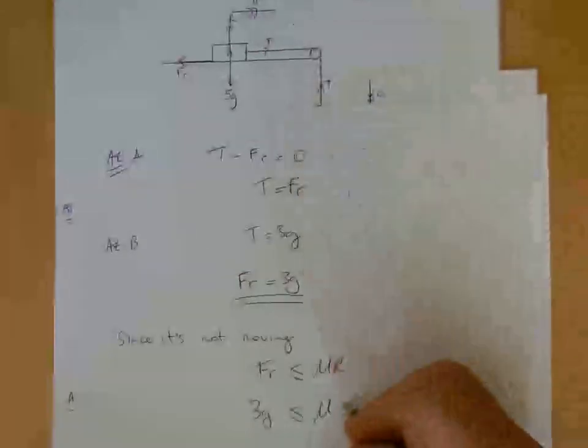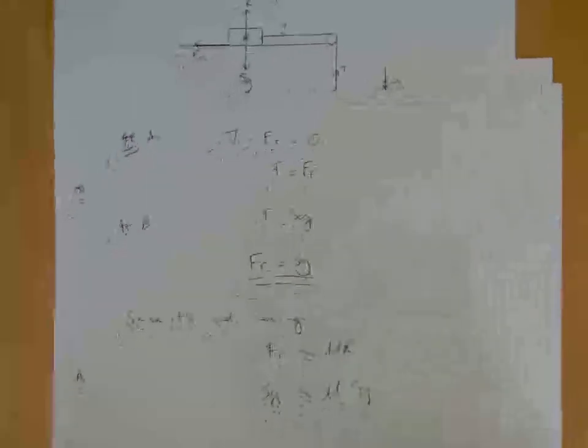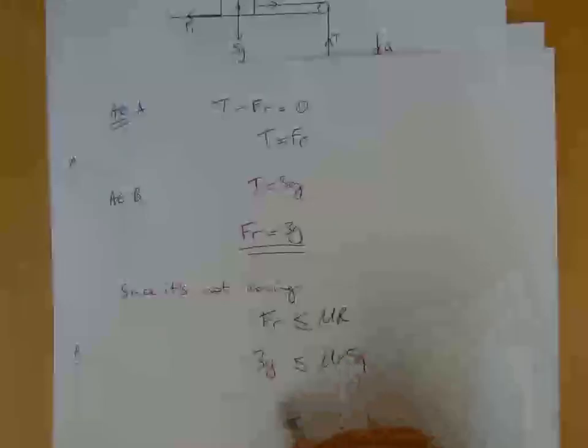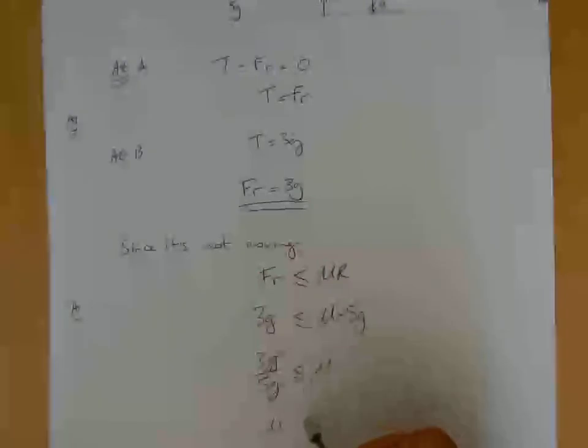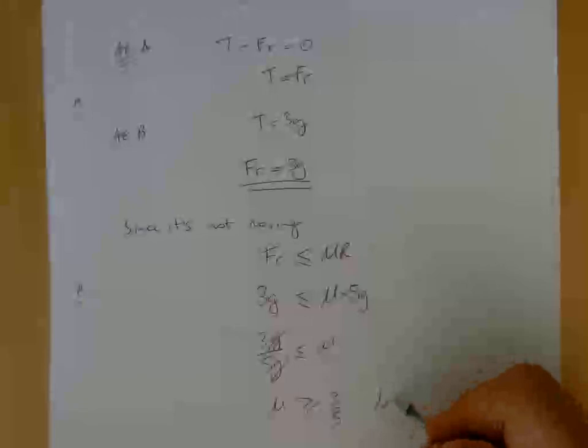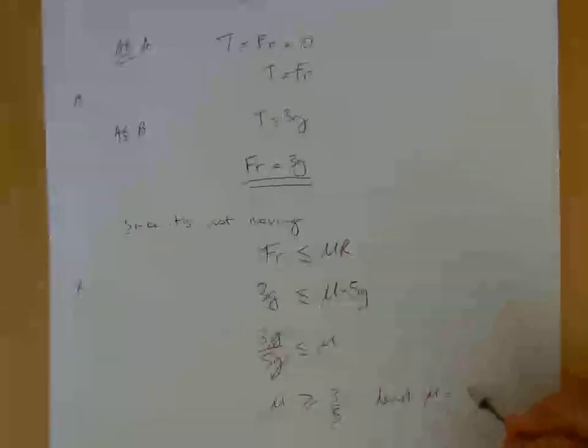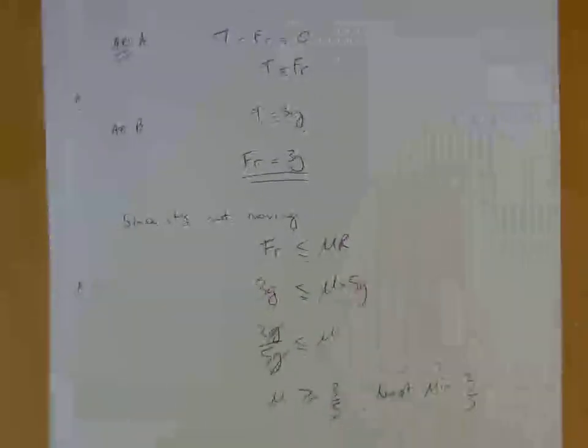So all you've got to do, take that 5G over. The G's will cancel. You can see then mu, if we read that backwards, is going to be greater than or equal to 3/5. In other words, the least mu is going to be 3/5, or 0.6.